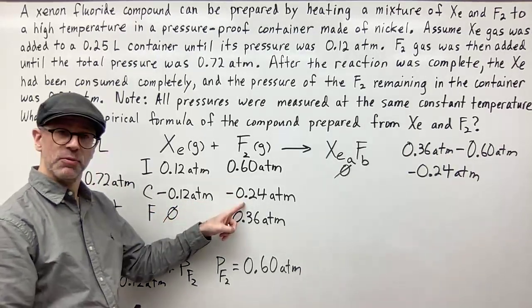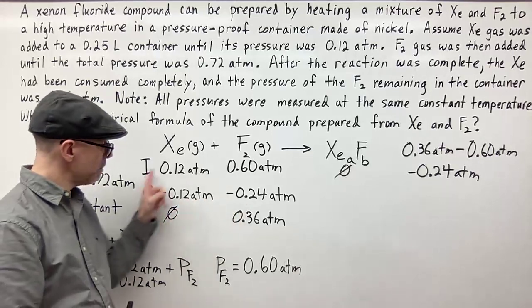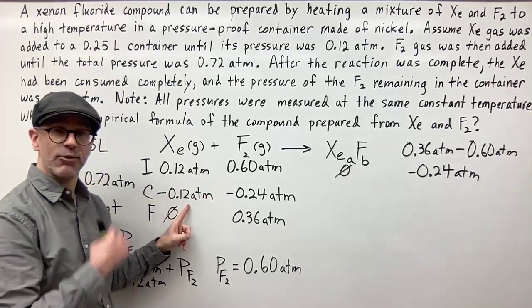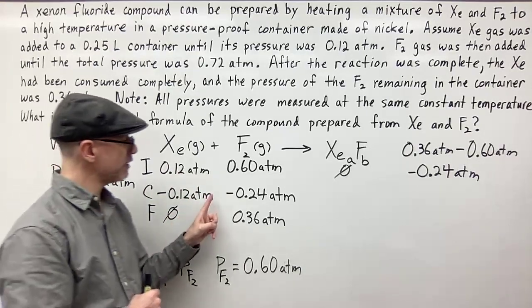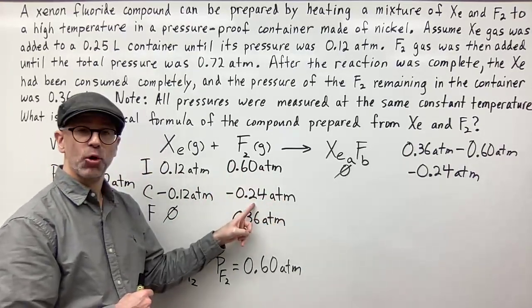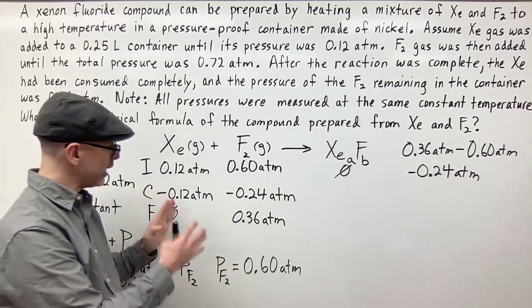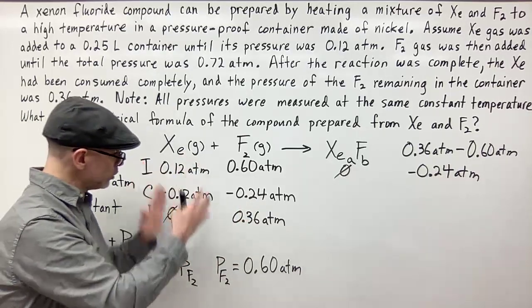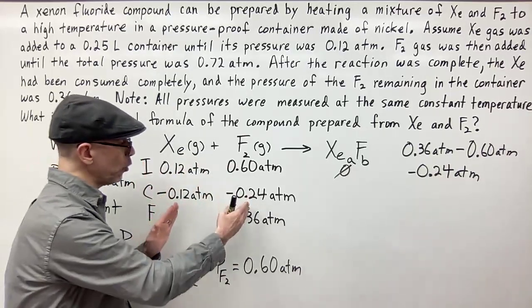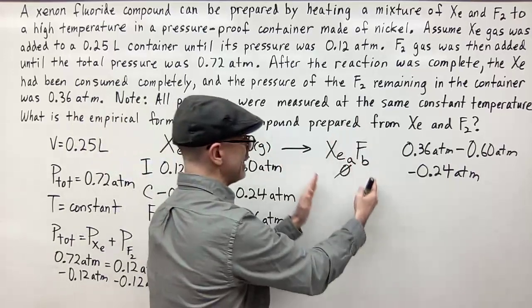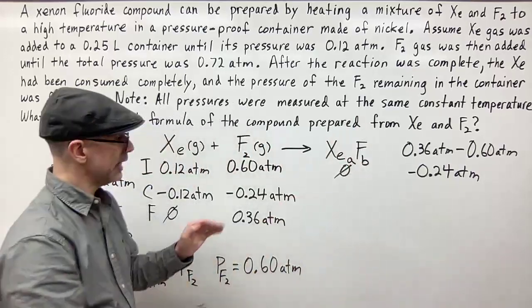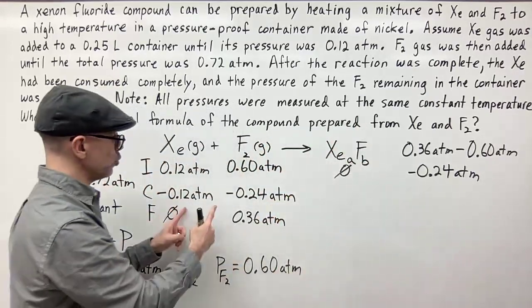They're double. So for this amount of xenon that reacted, I have a double amount of fluorine that reacted. So the ratio between xenon and fluorine that end up in the compound is 1 to 2.